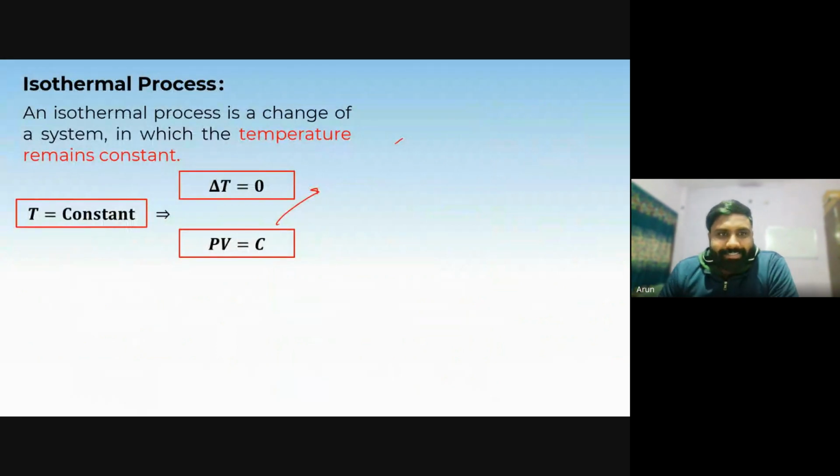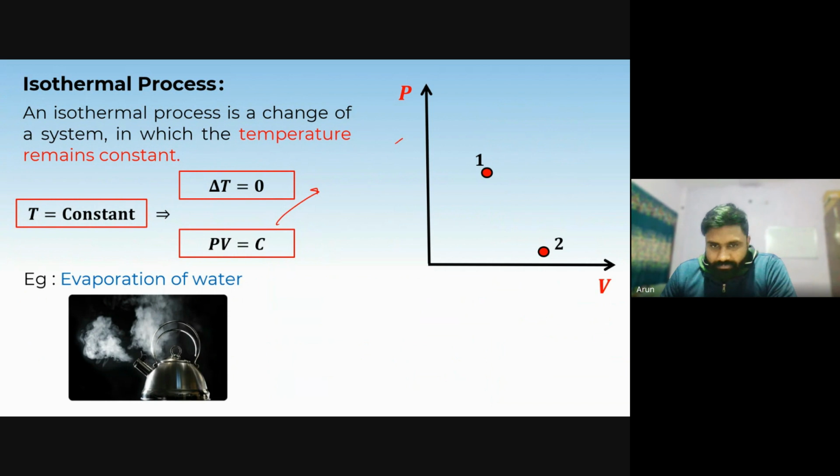So for the isothermal process, all the work done we have seen. The graph will be like this. One thing that I also want to discuss here is the graph. We will draw the indicator diagram.